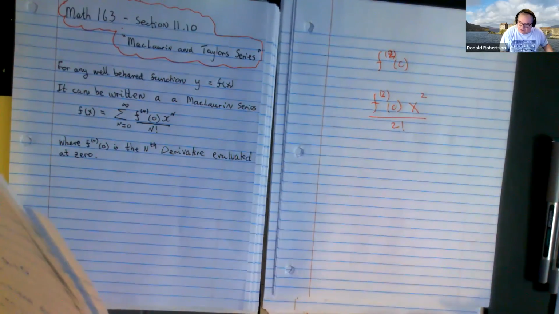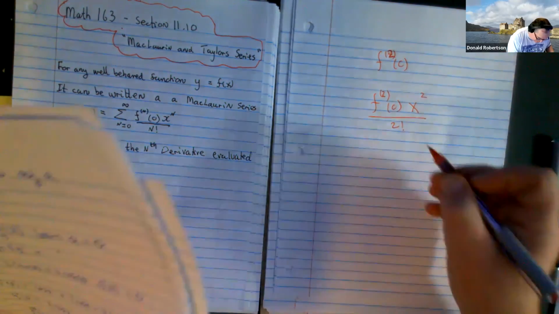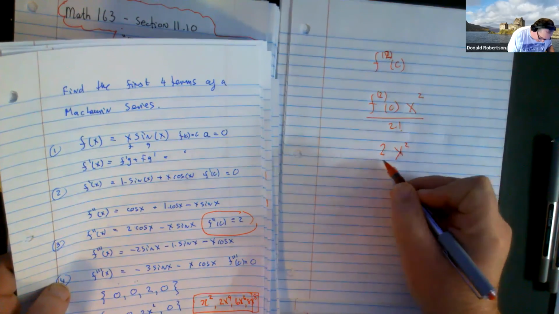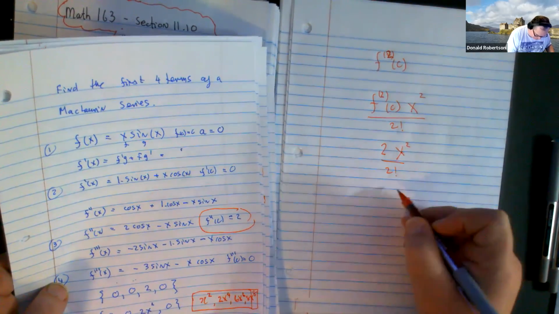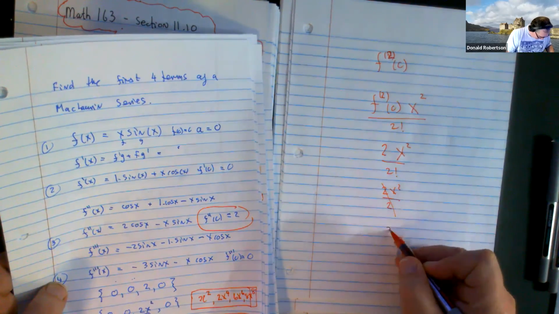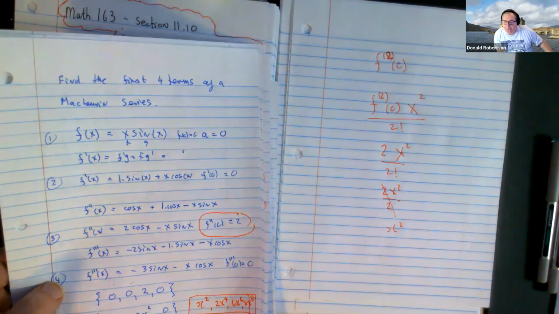That happens to be the number 2, times x squared, over 2 factorial, and 2 factorial is the number 2. They cancel out, and that's where the x squared came from.